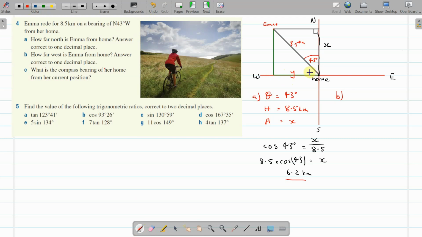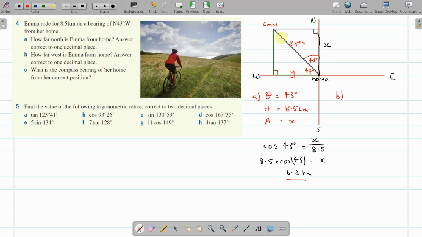Okay, so now we have a right angle. Don't have any angles though, but that's not too hard because we've got 43 degrees there, and those two are complementary, so that one would have to be 47 to make the 90.